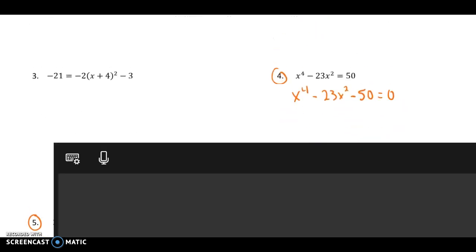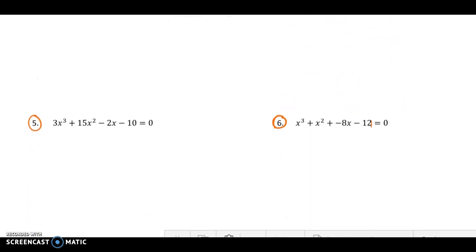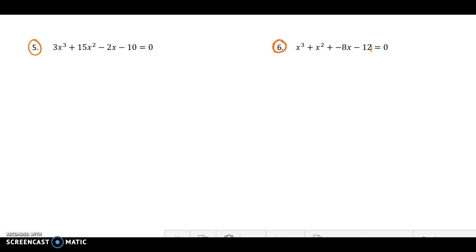But if you can't factor here, then you do the rational root theorem. And the idea is you take the number at the end, negative 12, and the number at the beginning, 1, and you find their factors, and I'm not going to worry about the negative right now.